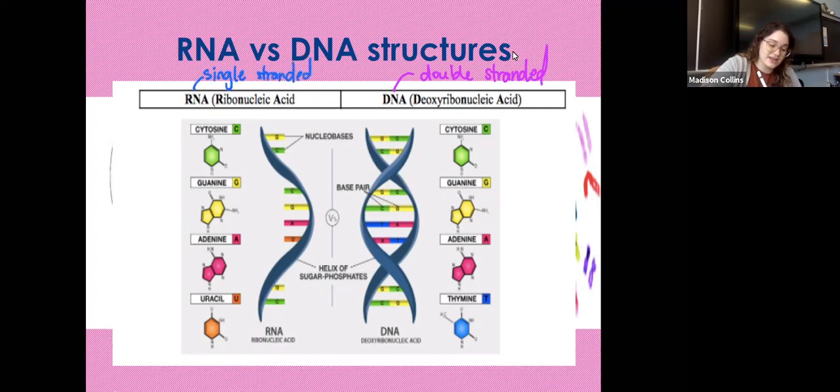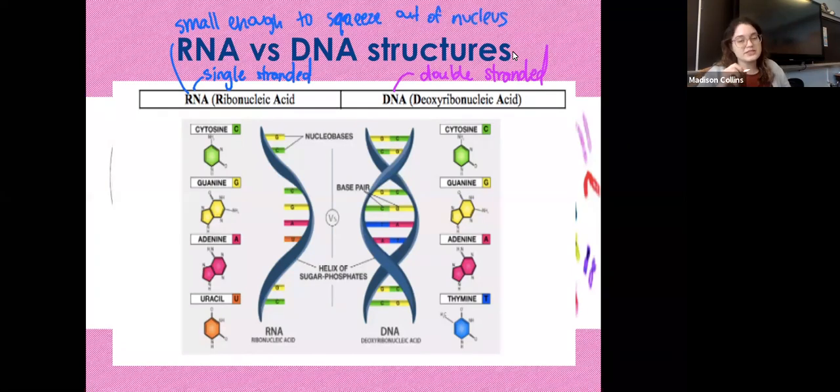And there's a reason for that. So RNA can only be one strand because it has to be small enough to fit outside of the nucleus, or really to squeeze outside of the nucleus. All right, so it has to be pretty small to fit through those nuclear pores, or like the little holes inside the nucleus wall.